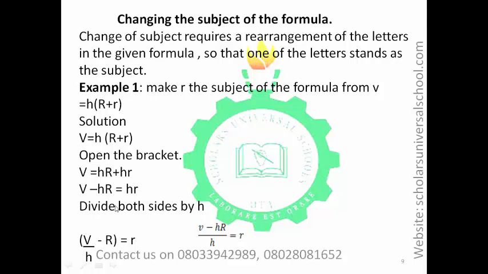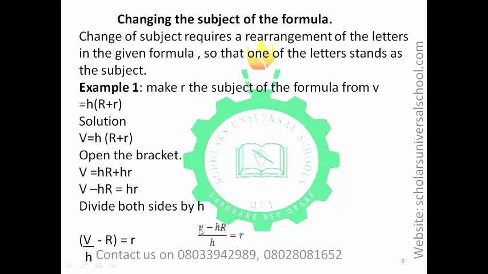So now it's only small r that we want to stand alone as the rep. So now we will need to eliminate this h from it. How can we then separate this small h from this r? We need to divide both sides by this h. Are you with me? So when you divide both sides by this small h, we have V minus hR over this small h is equal to r.